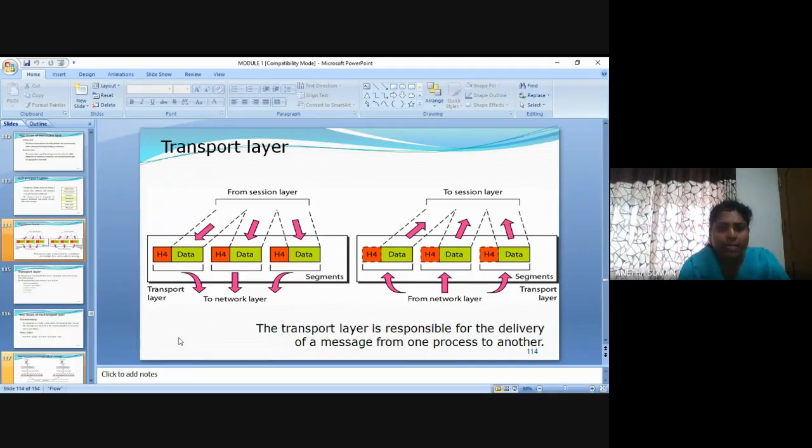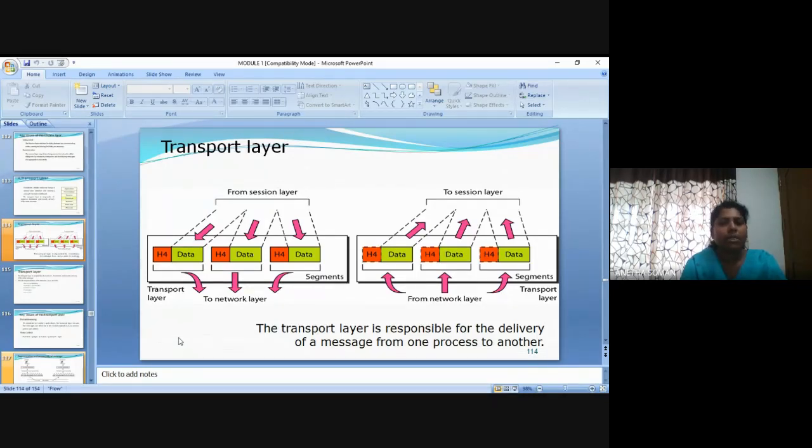So data coming from the session layer is divided into small data units called segments. Now, what does each segment contain? Each segment contains three things. One is the port number, the other is the data unit, and the third is the sequence number.